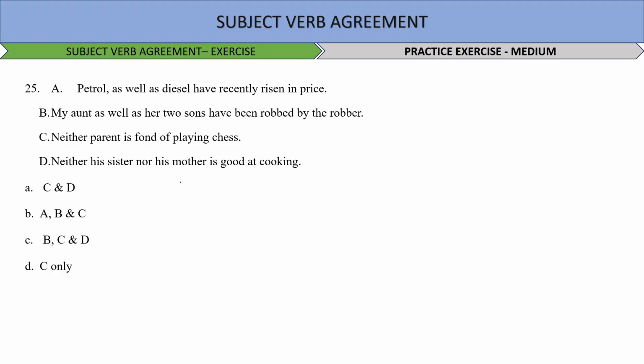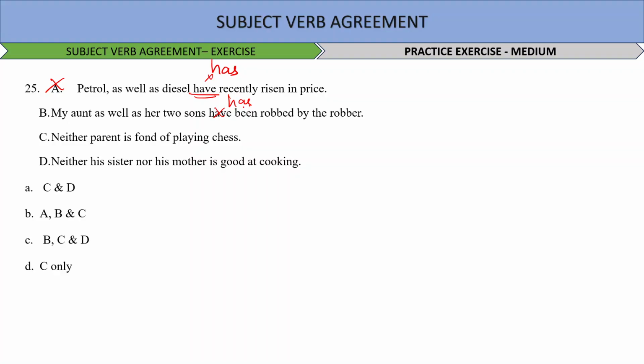Eliminate it. Sentence B again, my aunt as well as her two sons has been robbed by the robber. This one is incorrect as well. Now, neither parent is fond of playing chess. Neither his sister nor his mother is good at cooking. So C and D seem to be correct and hence option number A makes the correct answer.